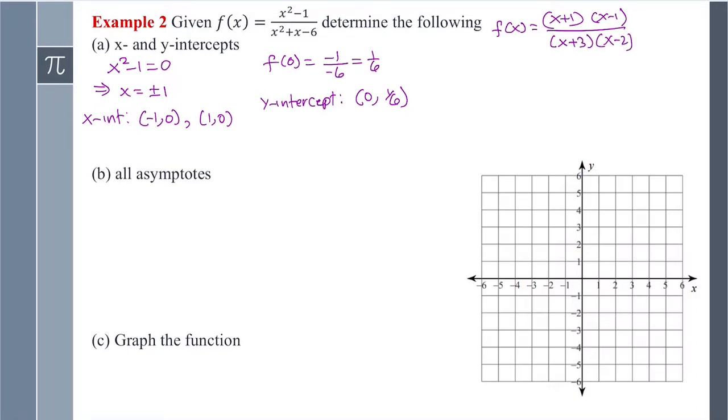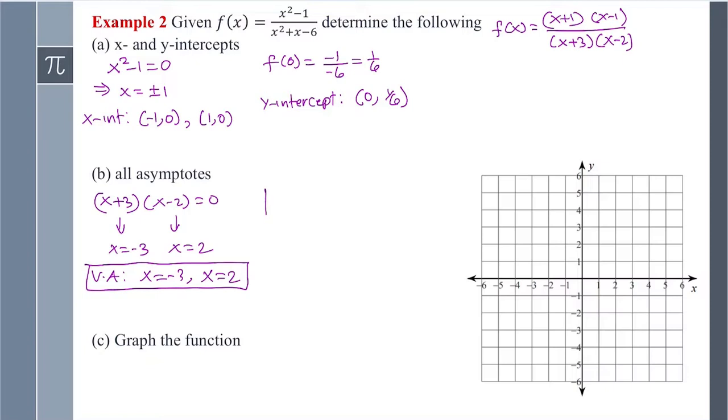Again, here we don't have any common factors. So that means the zeros of the factors in the denominator will give us the vertical asymptotes. So we set x plus 3 times x minus 2 equals 0. From here we get x equals negative 3, and from here we get x equals 2. That means the vertical asymptotes are x equals negative 3 and x equals 2.